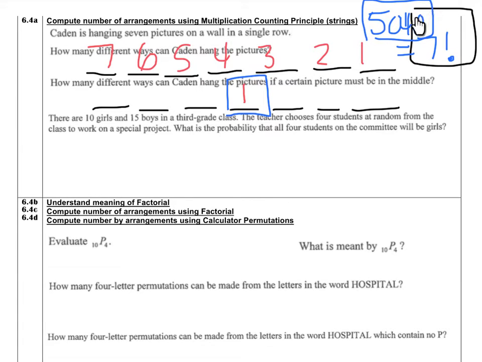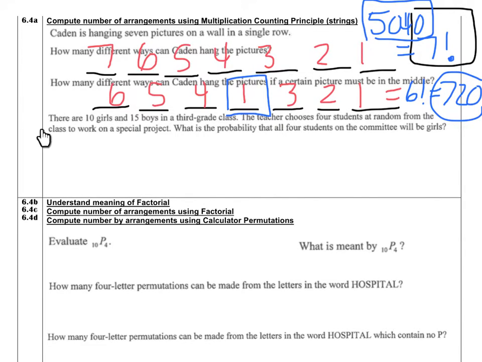Back at the table, one picture's gone. There's only 6 choices left. And then there'll be 5, 4, 3, 2, 1. So really, again, the shorthand for this is 6 factorial. The answer to this will be that there's 720 different ways to hang the pictures, if one of them has to be in the middle.